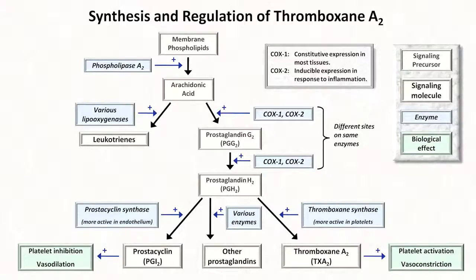Although less common, use of these names highlights the fact that the cyclooxygenase activity is only responsible for the first step, the conversion of arachidonic acid into PGG2, while the enzyme's peroxidase activity is responsible for conversion of PGG2 into PGH2.